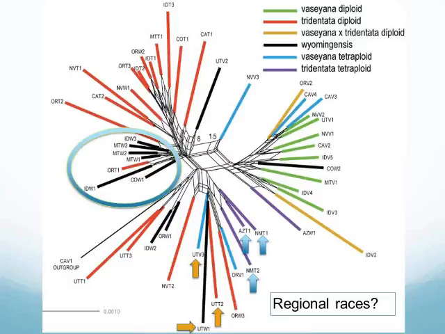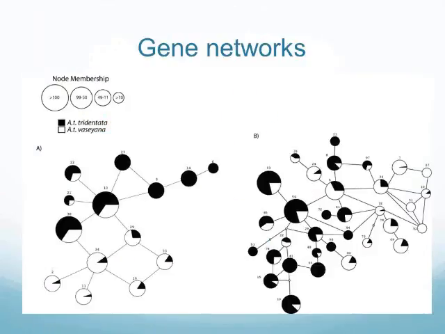And then we have maybe some larger races of wyomingensis occurring across the landscape, possibly. Our current research is trying to geographically define where these different tetraploid races occur.